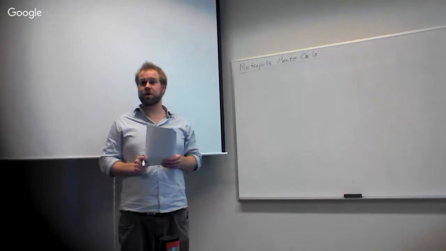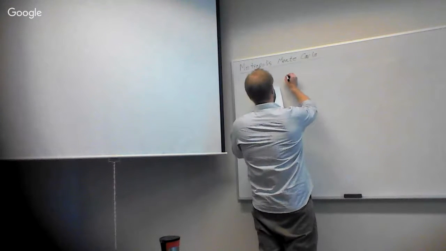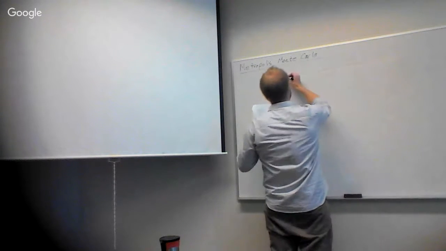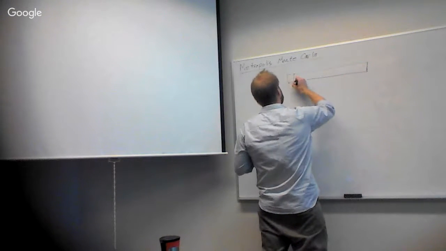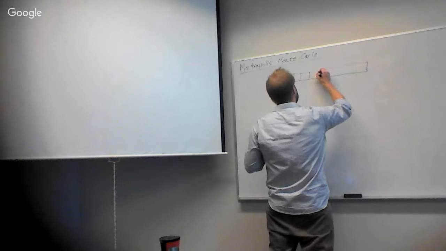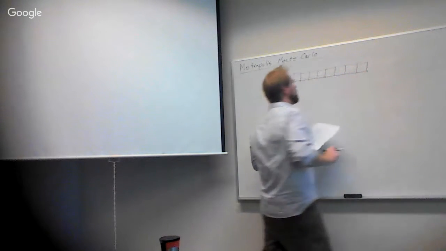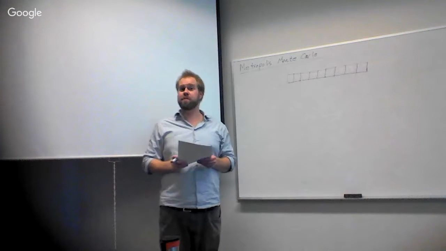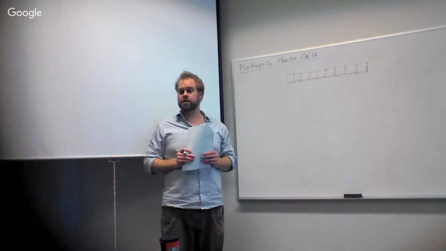So what is it? Well, it's a pretty simple model. One-dimensional Ising chain. We have a bunch of domains. These are going to be our discrete areas.